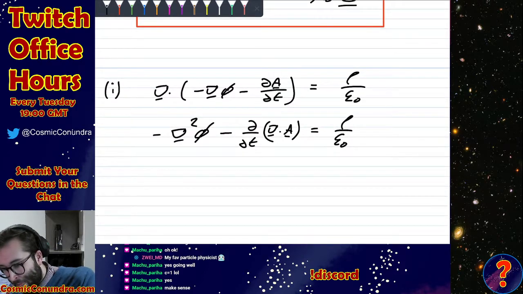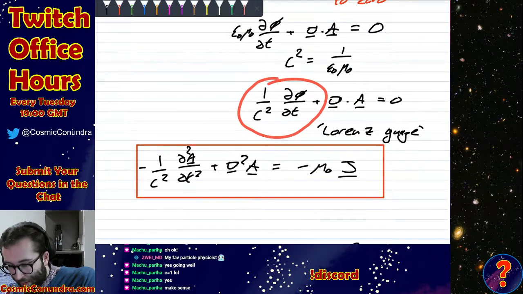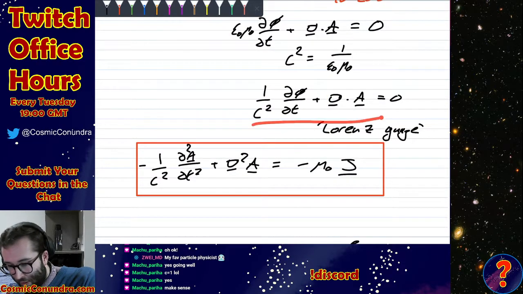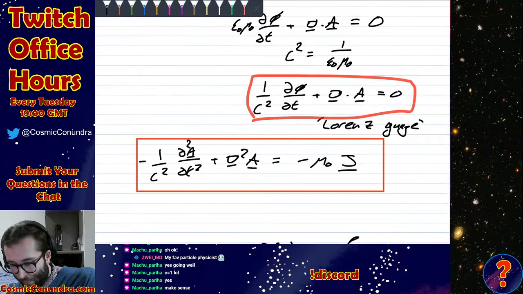Okay. And now what I can do is, from my gauge condition, I can rewrite divergence of A in terms of this time derivative, because I have this combination of divergence of A plus the time derivative is 0.